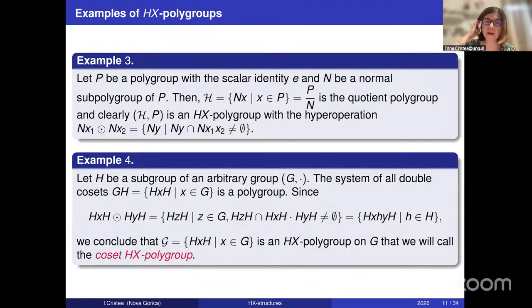If H is a subgroup of an arbitrary group G, the system of all double cosets HxH, where x is an element in G, is a polygroup. Then we can define another operation. In this case, it's a hyperoperation because it's the set of all elements having this form. And we concluded that the set G is an HX polygroup on the initial group G, called the coset HX polygroup.